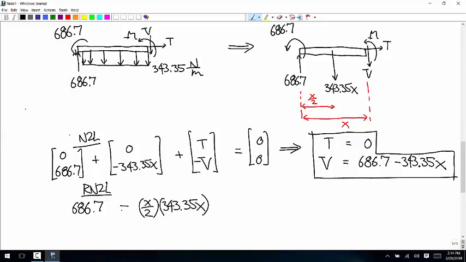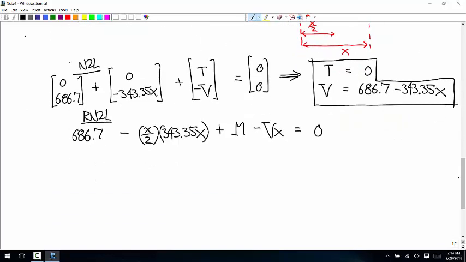Clockwise, so negative. Then we have the internal bending moment, so plus m. And then the moment from the shear force, so minus Vx is equal to 0. So m is equal to Vx.